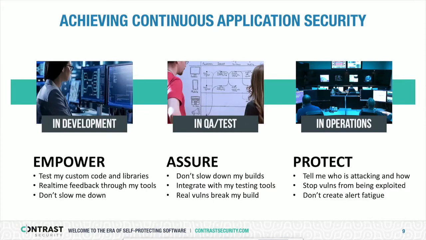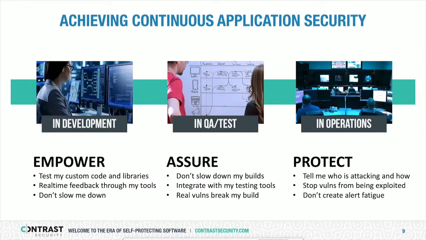We were trying to get good assurance out of our QA and test environment, and so we used Contrast there to turn all of your QA testing into security testing as well. So that's a powerful feedback. And then in production, we wanted insight on who's attacking us and how they're attacking us, and also protection to make sure that any vulnerabilities that are there don't get exploited. We did it all with Contrast, and we did it all fairly quickly.